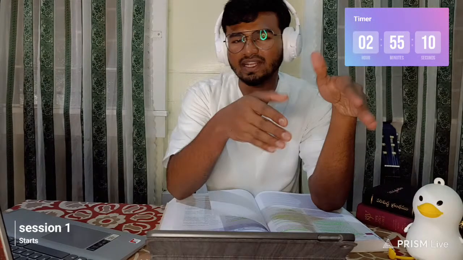These 3 hours we divide into 3 sessions. In the first session, we divide it into two parts: 50 minutes for study and 10 minutes break. Like that, for 2 sessions we are going to read. Then after that, we are going to do a live discussion about fluids and electrolyte imbalance.